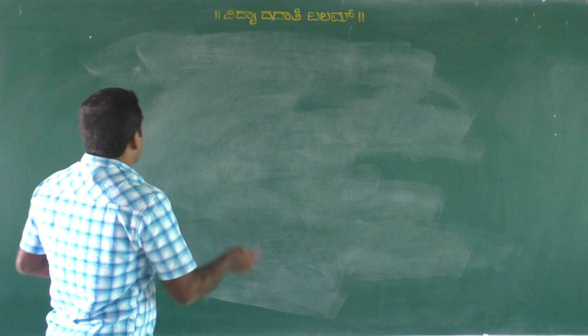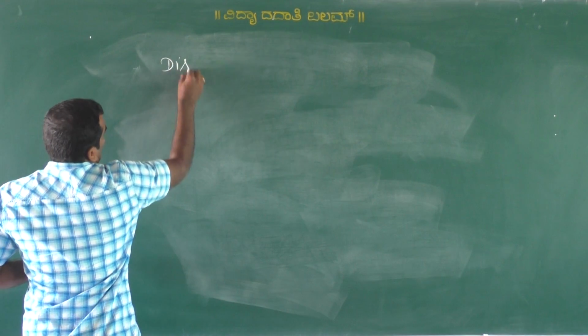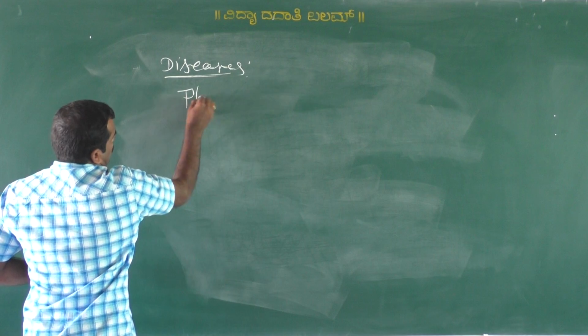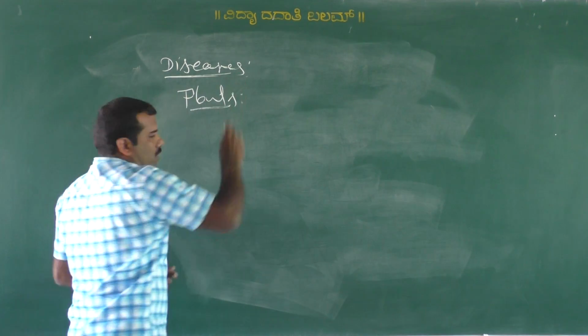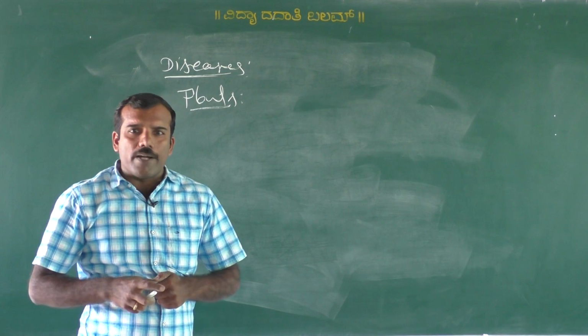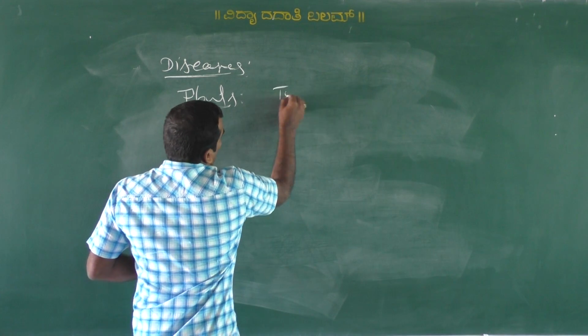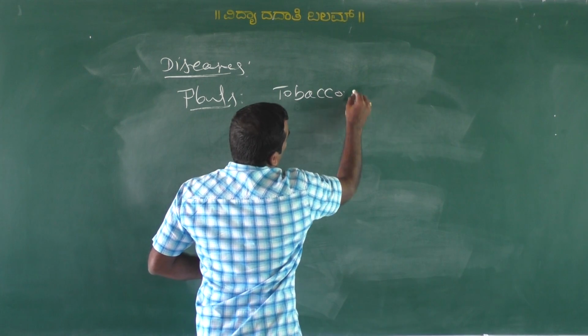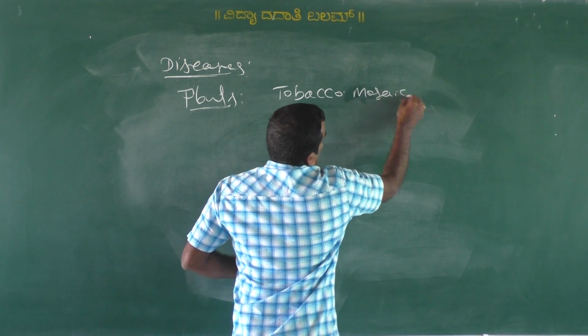Some diseases caused by virus. Diseases caused by the virus to the plants. Plant disease. Which are the best examples for plant disease? That is tobacco mosaic disease.